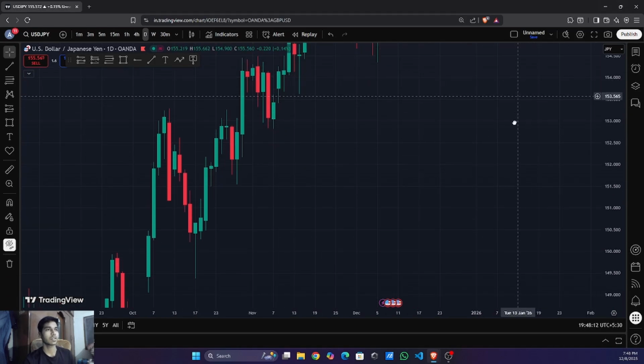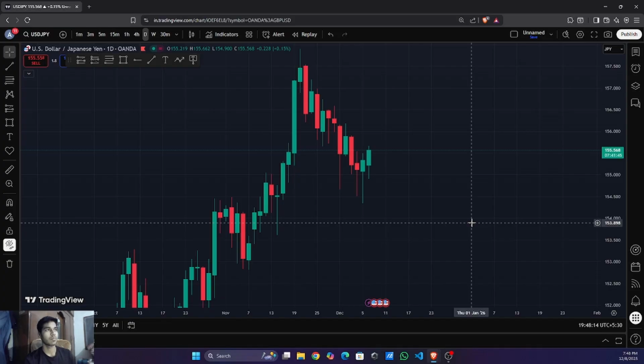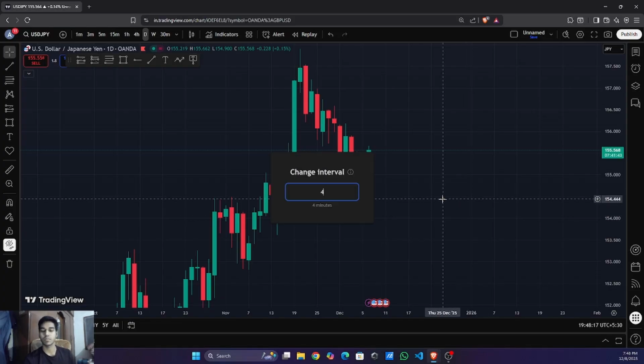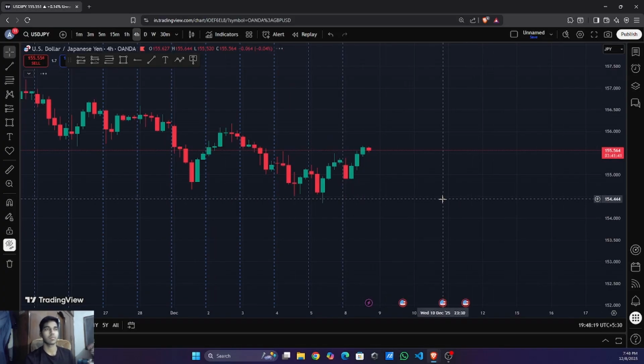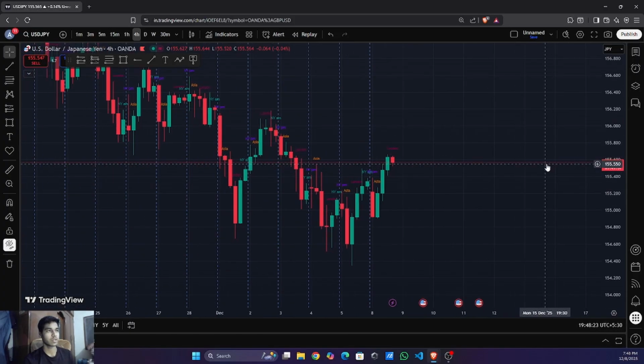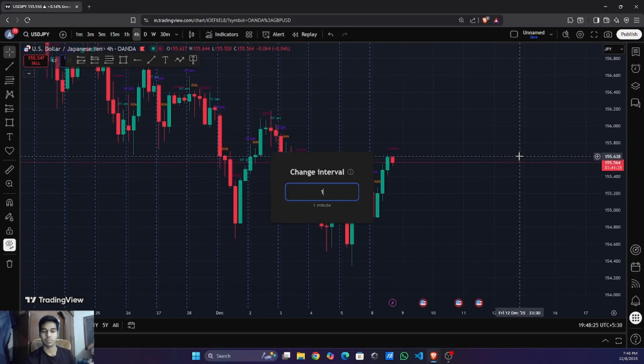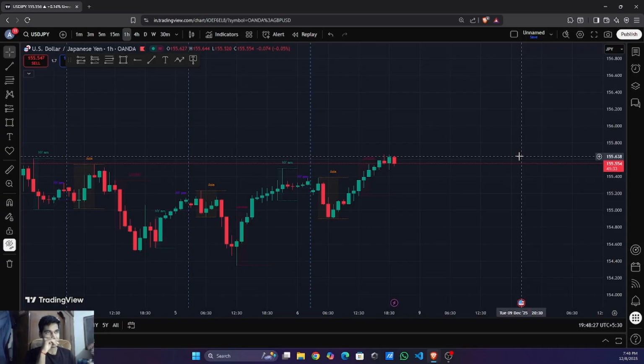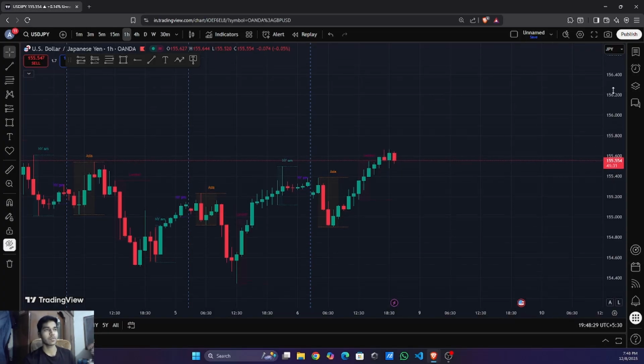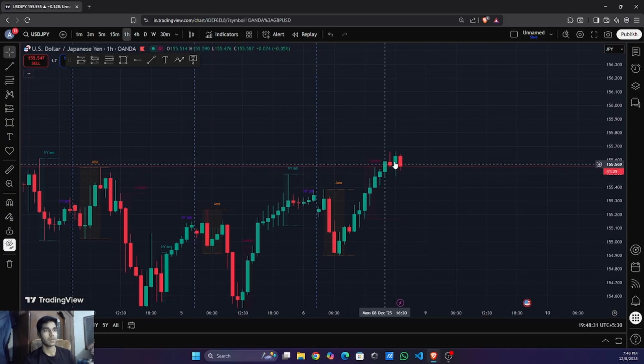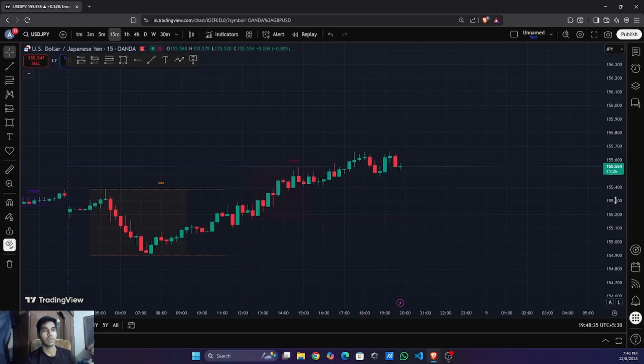GPY is bullish. Okay, still bullish. Okay, so hardly any retracement from the morning. It is in the order block, so we can trade this one.